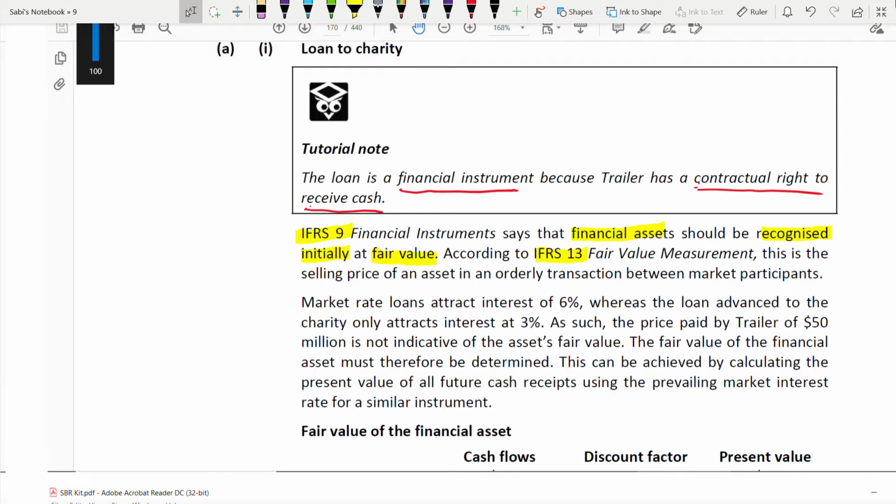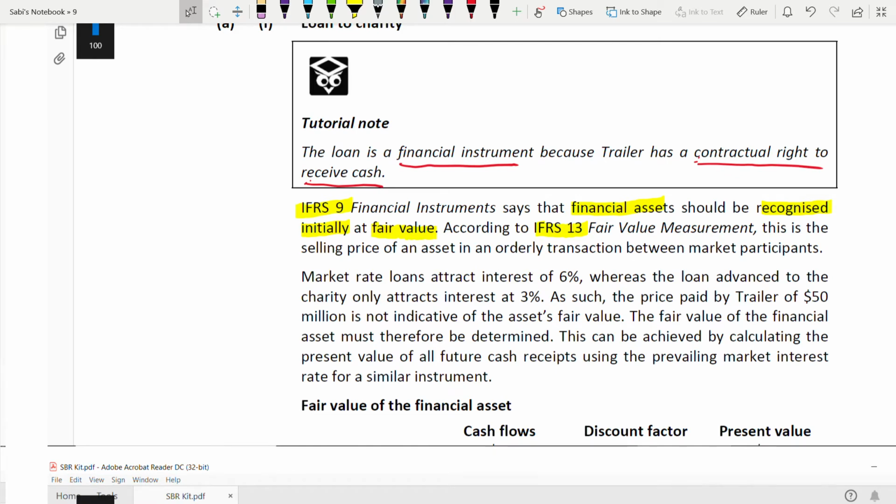Okay, so now the next standard is IFRS 13. IFRS 13 is fair value measurement.